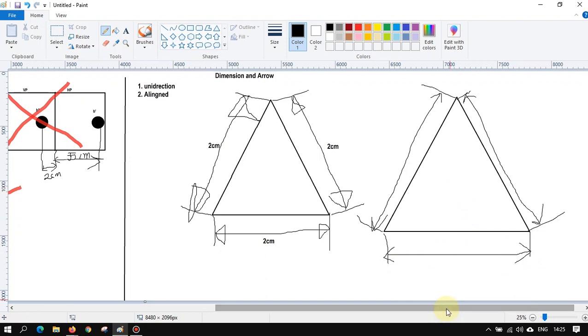If I write 2 centimeter over here, I'm writing below the line, and for this one also below the line.